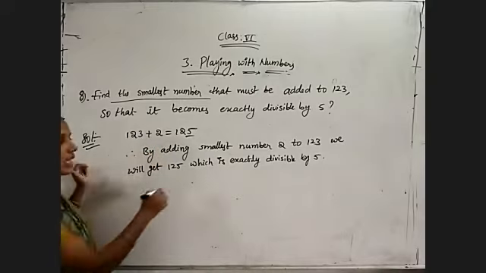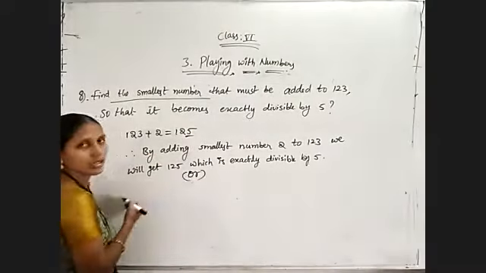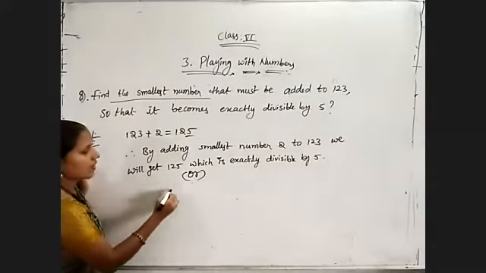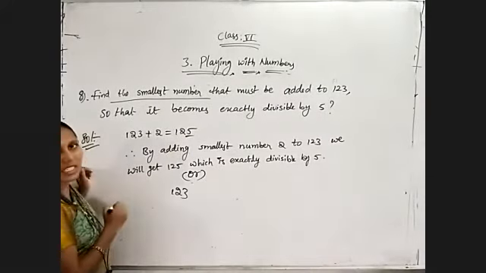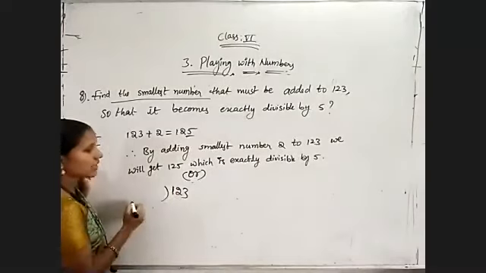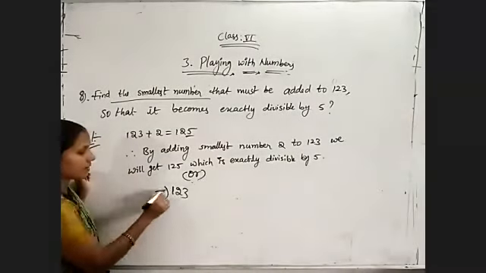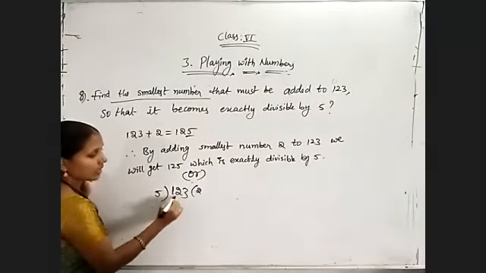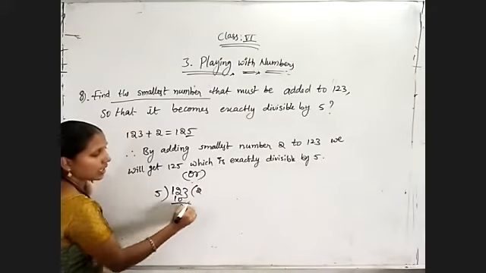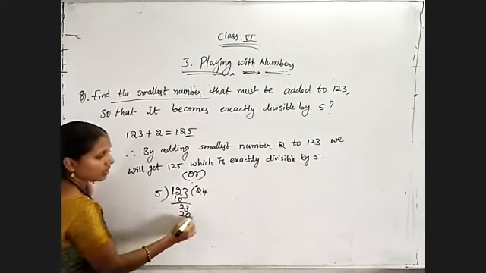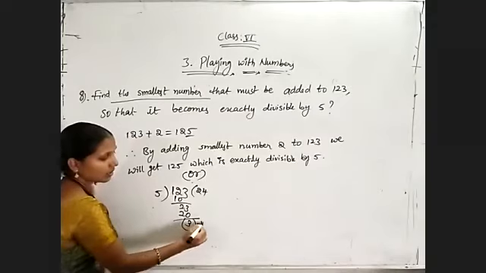In another way also we can do this question. Which number do we need to divide 123 by? 5. 5 twos are 10, 23; 5 fours are 20, and 3 is the remainder.